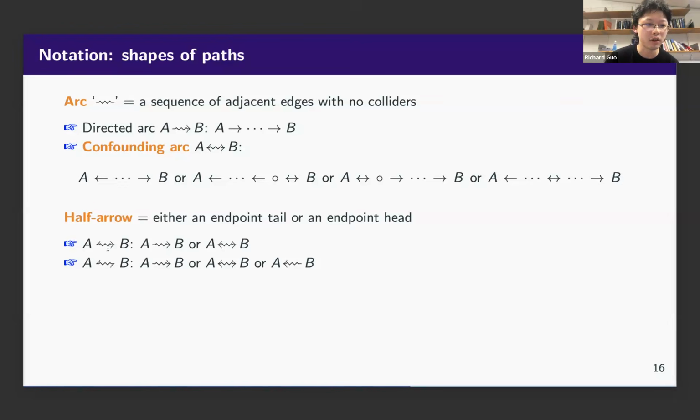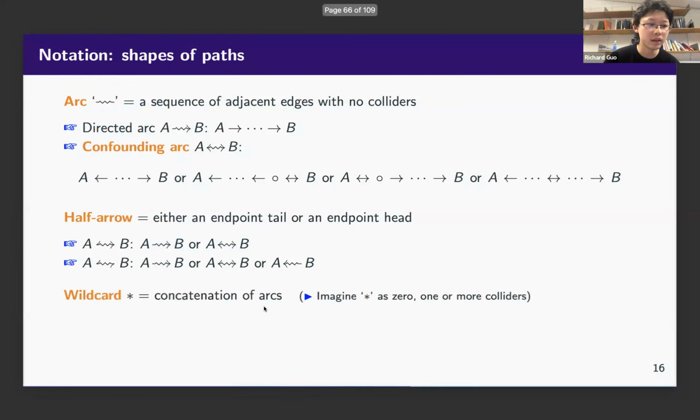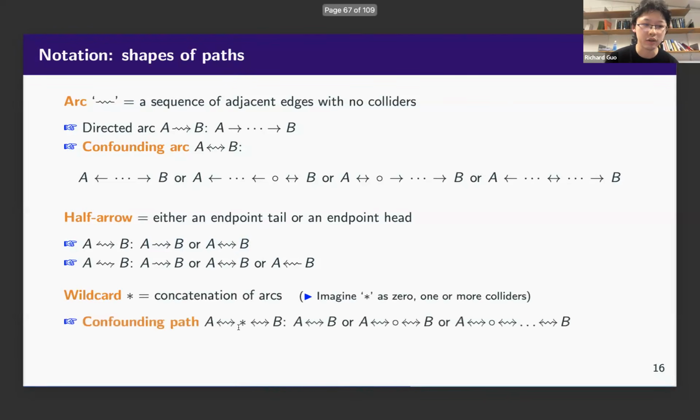So A, half arrow, squiggly line, arrow, B means either one of these two cases. And if we concatenate a bunch of arcs, that defines a path. I use this wildcard notation for the concatenation of arcs, and that's a confounding path. A confounding path is represented in such a way.